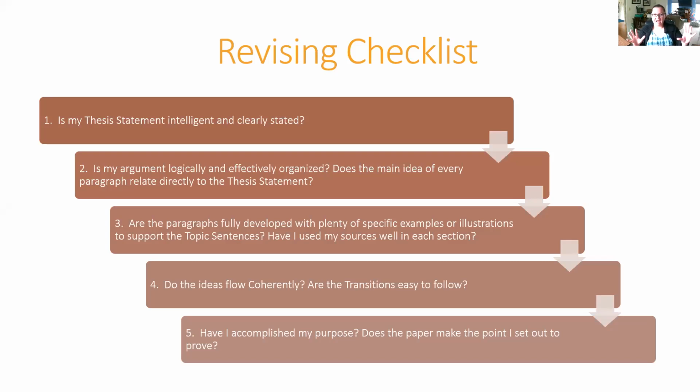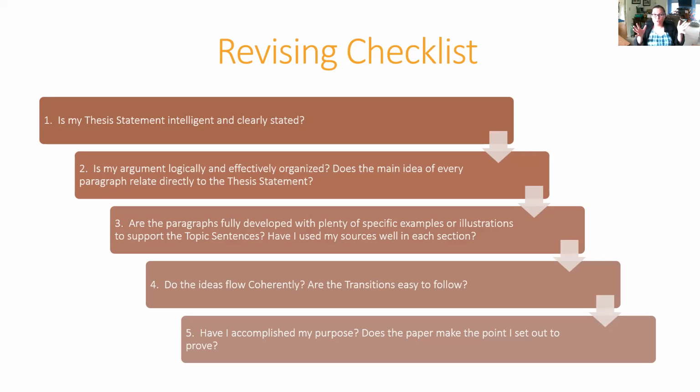So as you are trying to move out of the substantive editing level, here's a little revision checklist for you. Is my thesis statement intelligent and clearly stated? Is my argument logically and effectively organized? Does the main idea of every paragraph relate directly to my thesis statement in some way?